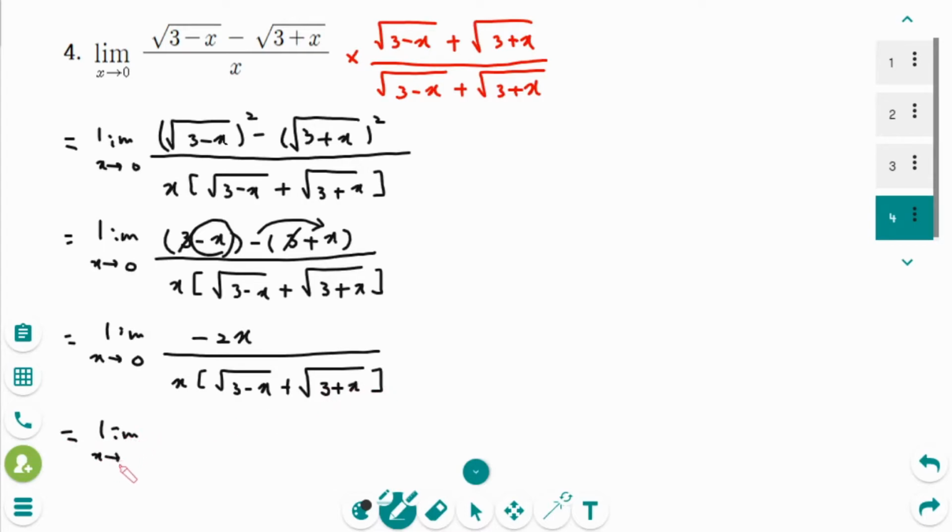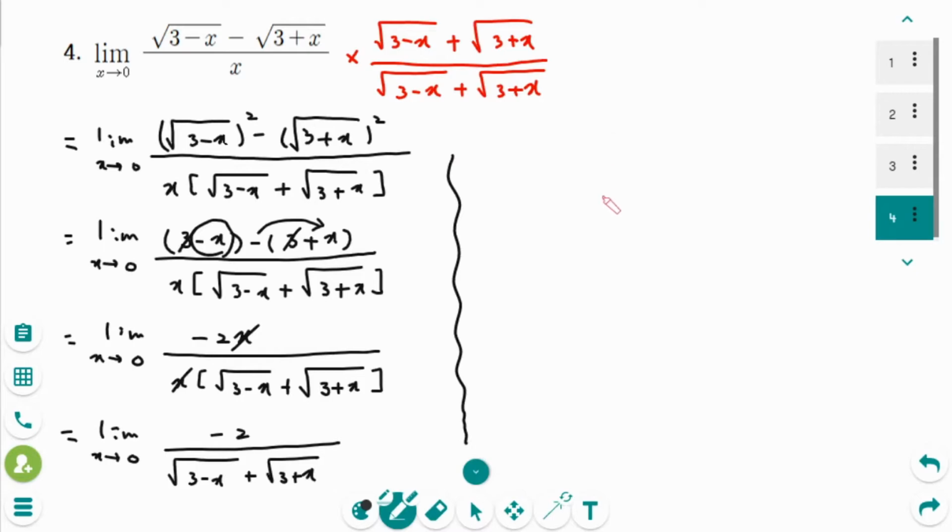And then cancel the common factor, which is just x. So minus 2 over square root of 3 minus x plus square root of 3 plus x, and then put 0 into x.